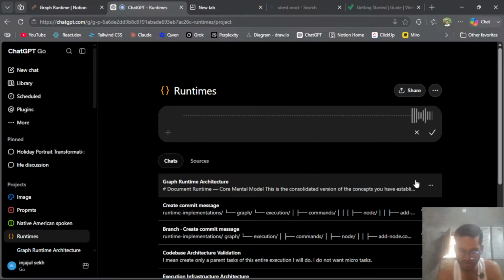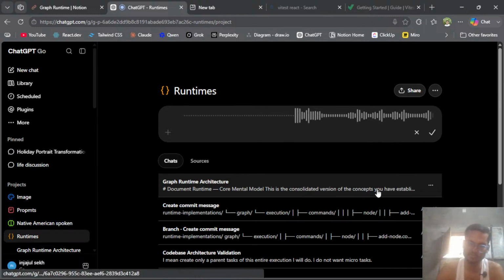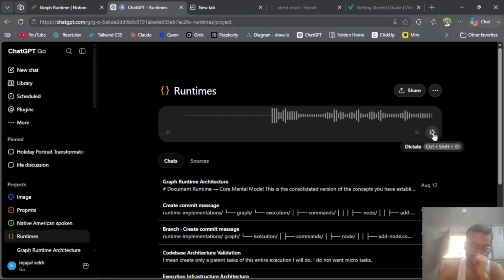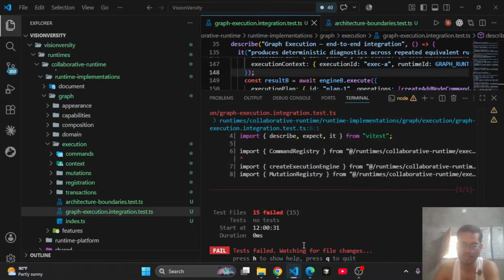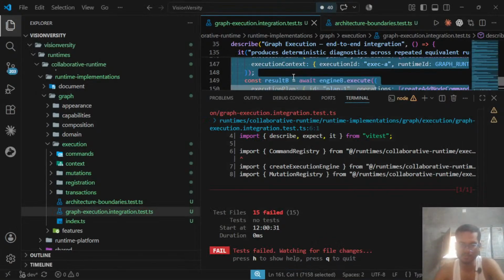Based on my integration test cases, can you tell me what this message means and where the issue is? And I have to paste my entire code base, otherwise ChatGPT cannot guess.